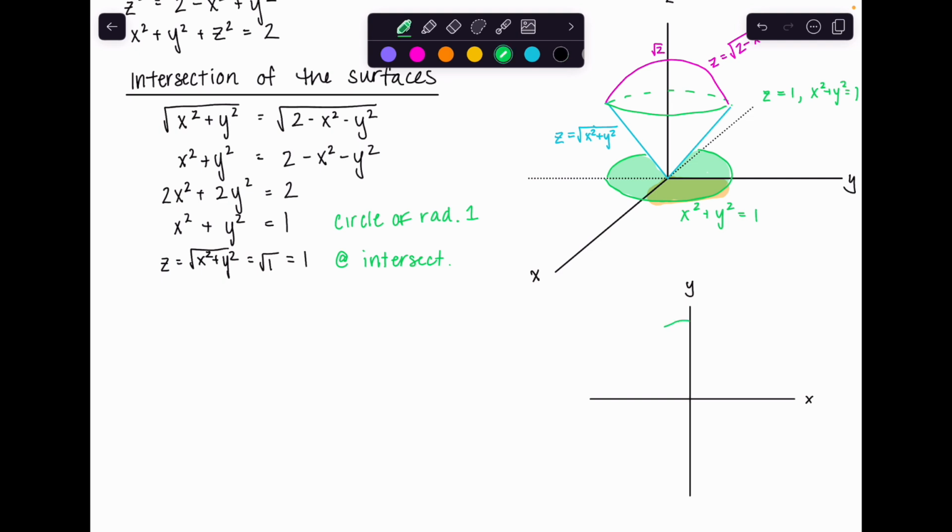Okay. So we've got a circle of radius 1. I was drawing my circle first and then filling in the pieces. So this full circle is x squared plus y squared equals 1.